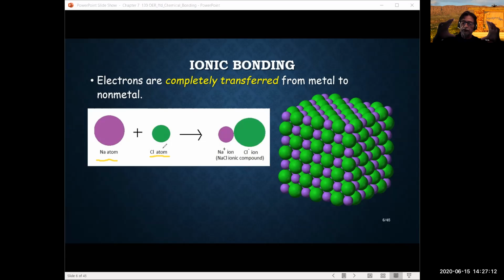We added one more electron, and the electrons repel each other. So the radius of the ion becomes bigger. The takeaway here is when you lose electrons, the radius of the ion is smaller. When you gain electrons, from the nonmetals for example, the radius of the ion is bigger, because the electron takes up more space.